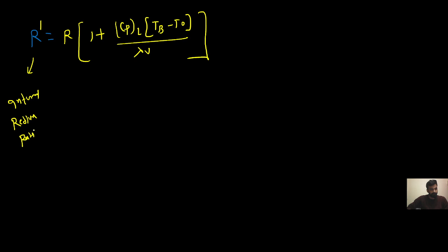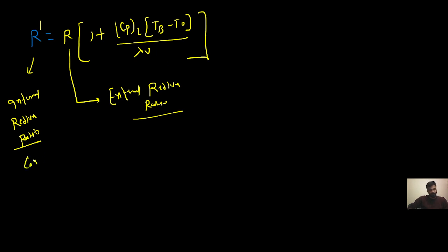In the problem, it will be asked as calculate the internal reflux ratio. Then you will have to calculate R dash, and R is called the external reflux ratio, right? These two things are very important, and Cp is the specific heat of that column liquid, Tb is the bubble point, T naught is the reflux temperature.